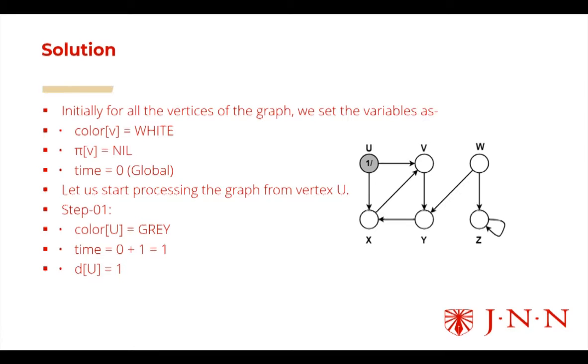Then we assign the global time unit as 0. Now we have to introduce the starting vertex. So here U is the starting vertex, the very beginning step of the algorithm.